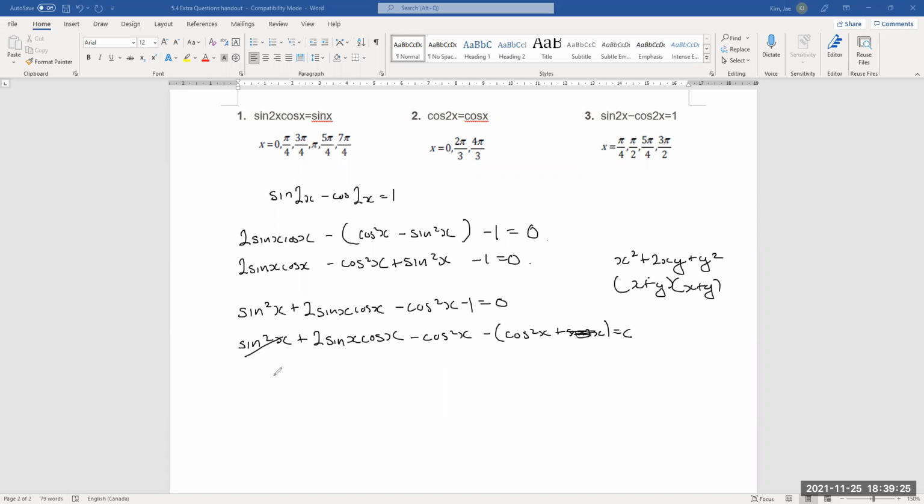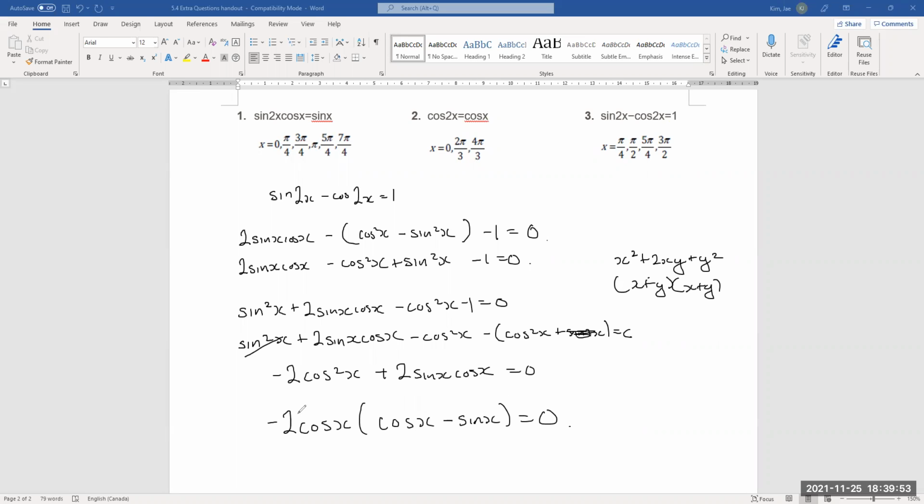And so this becomes negative 2 cos squared x plus 2 sine x cos x equals 0. A cos could be factored. I'm going to factor out a negative 2 cos x, giving me a positive cos x minus a sine x.